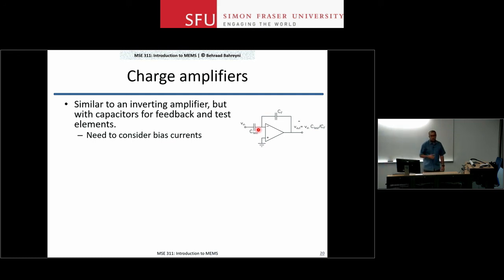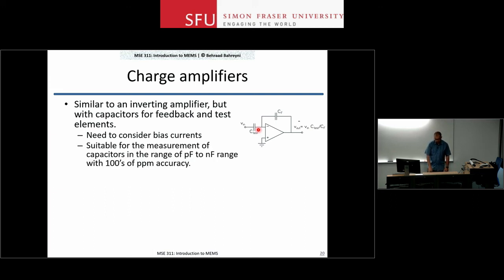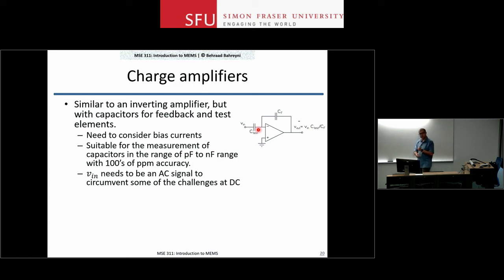So in these kinds of circuits, you need to worry about charge leakage and losing the charge because of the bias or other sources of parasitics. You can easily measure capacitors in the picofarad to nanofarad range with this circuit. And one thing you can do to reduce the effect of charge leakage, or to circumvent that problem, is that instead of using a DC voltage to charge C test, you use an AC voltage.